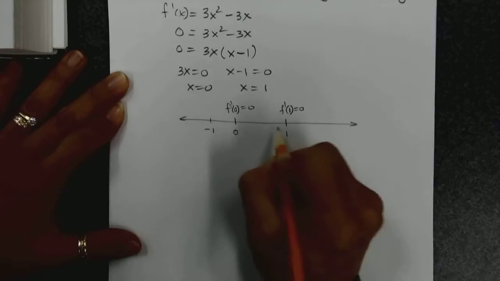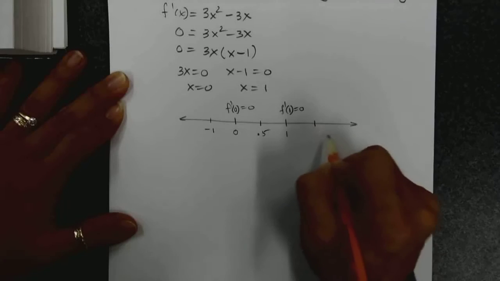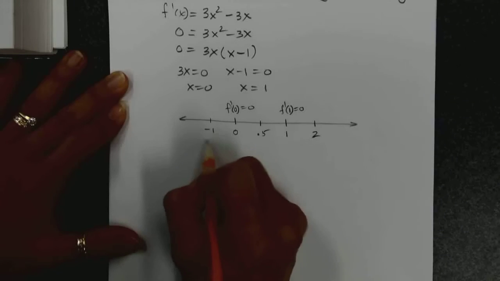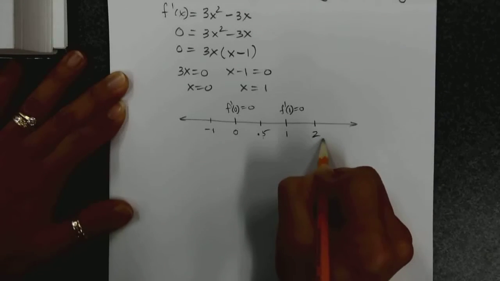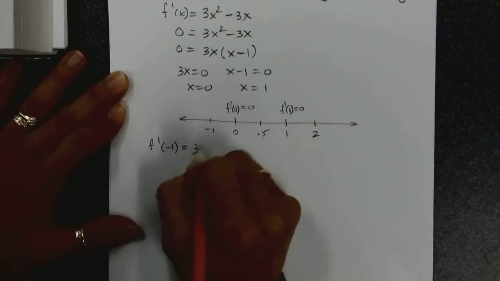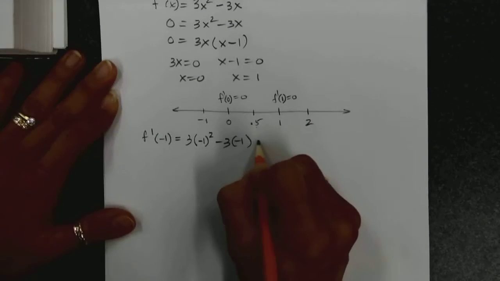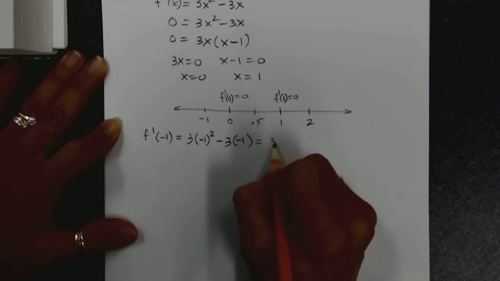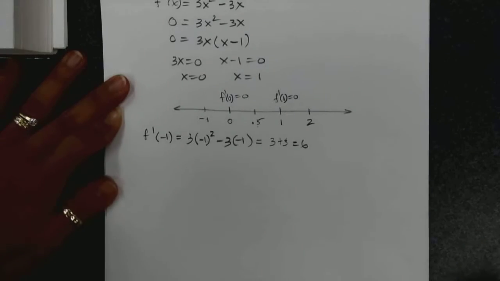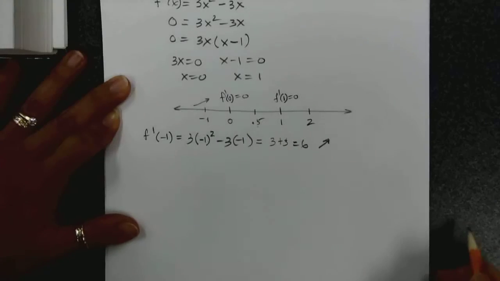I'm going to test negative 1, 0.5, and 2. So we take these values into our derivative. f prime of negative 1 is 3 times negative 1 squared minus 3 times negative 1. This is 3 plus 3, which makes it 6. So this one is increasing. So we are increasing here.